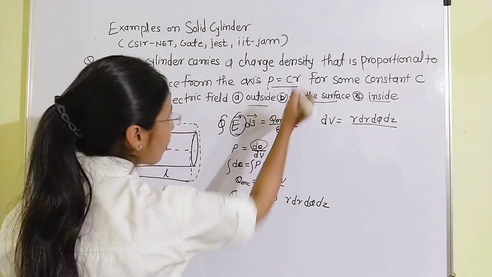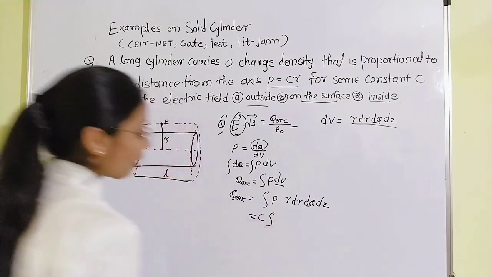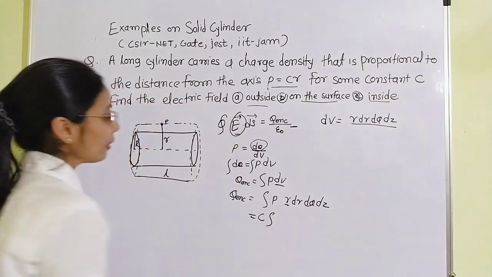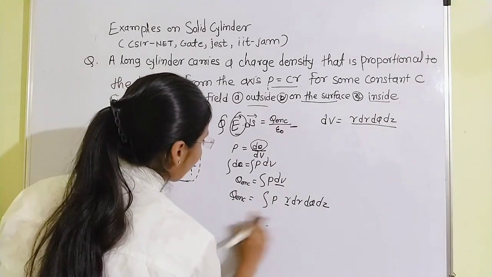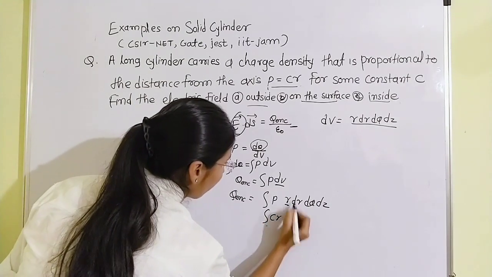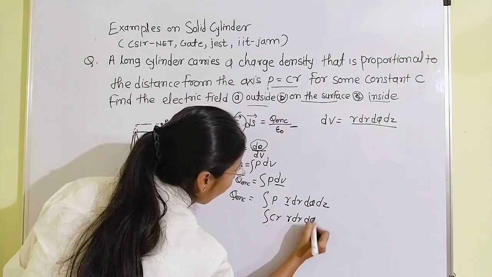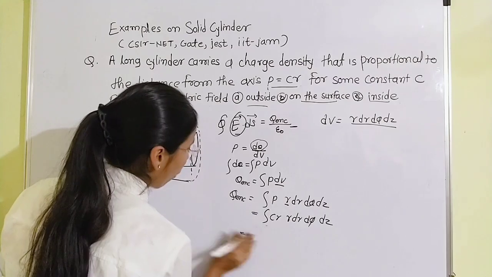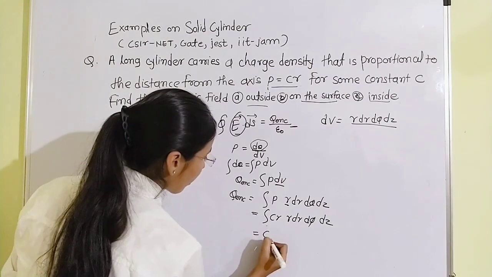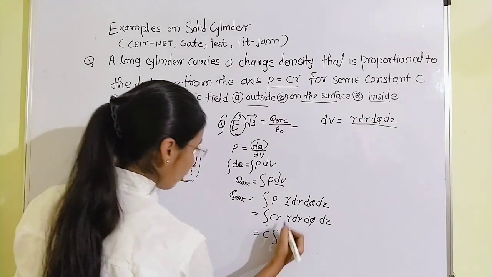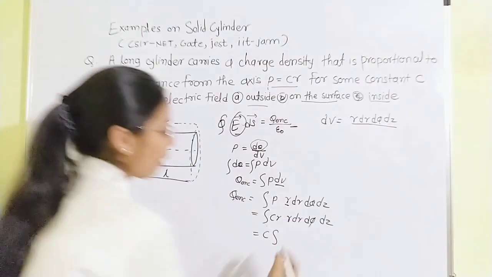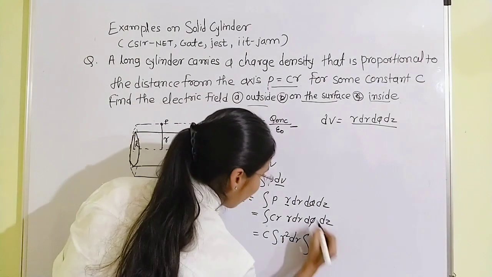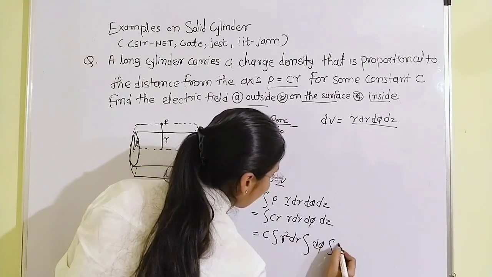So this C is the constant, so we take it outside the integral. Cr times r dr, d phi and dz. So C integral, this r into r is r square, so r square dr, integral d phi and integral dz.